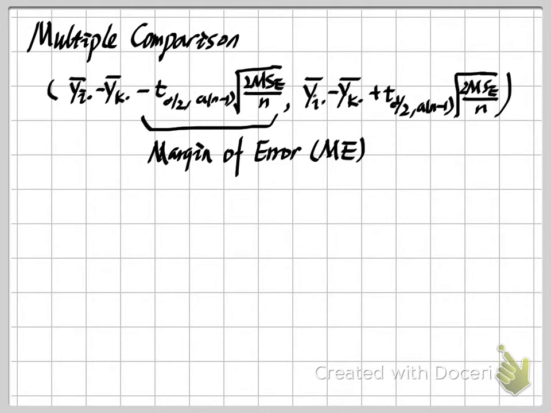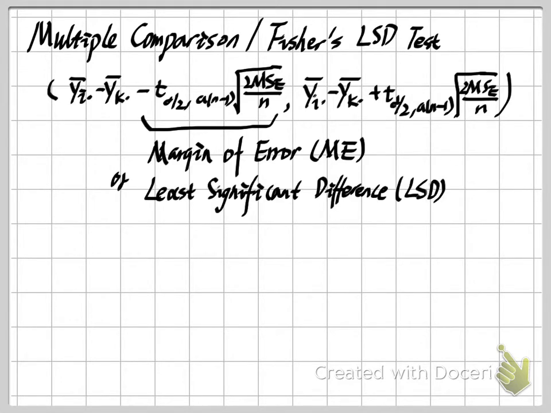We call this Fisher's LSD test, or Fisher's LSD method. Then we have a new name for exactly the same term: the least significant difference, denoted by LSD. So next time if anyone asks what LSD is in Fisher's test, it's just the ME, the margin of error in the classical confidence interval.